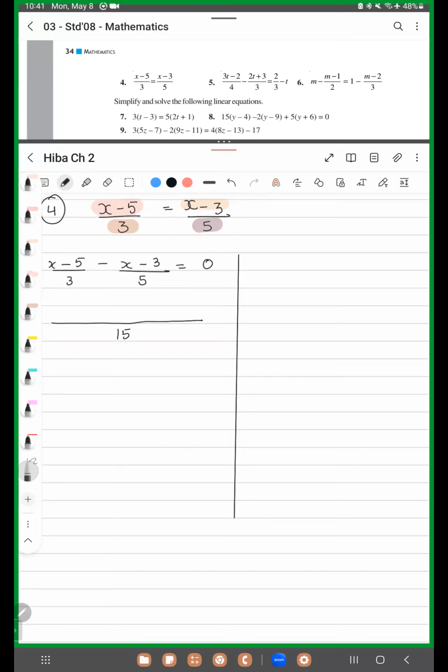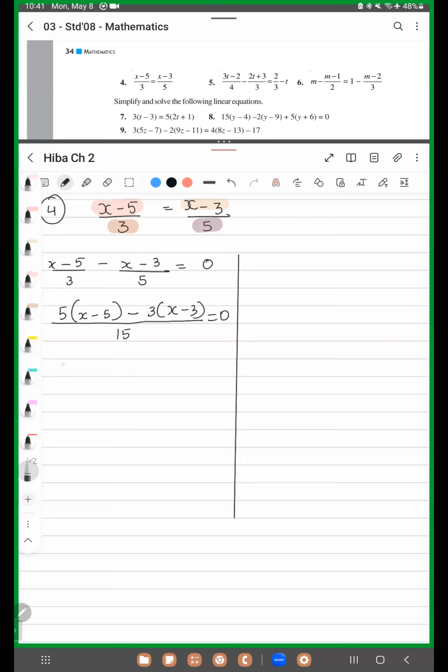How will we solve x minus 5 multiplied by 5? 5 bracket x minus 5 minus. Tell me next. 1 bracket x minus 3? No, sorry, 3 bracket x minus 3.